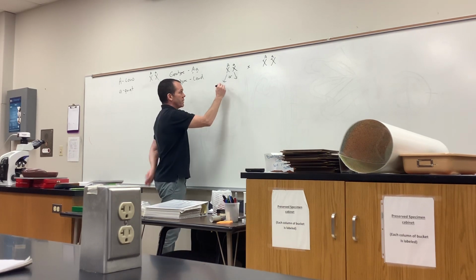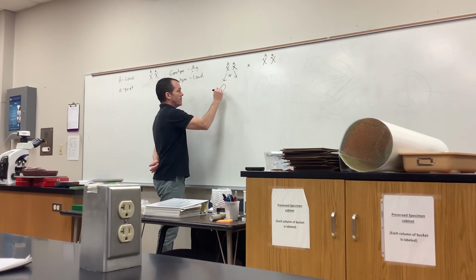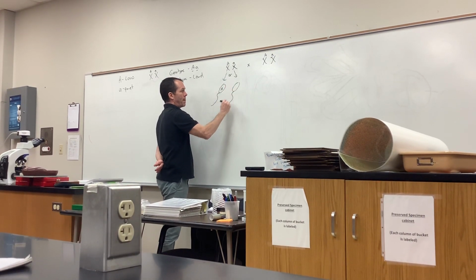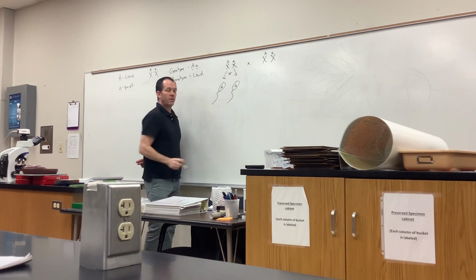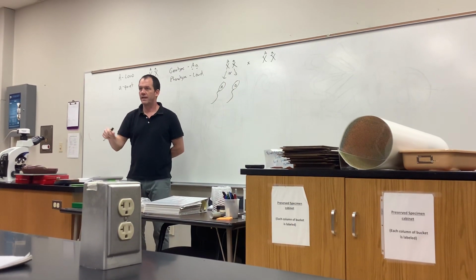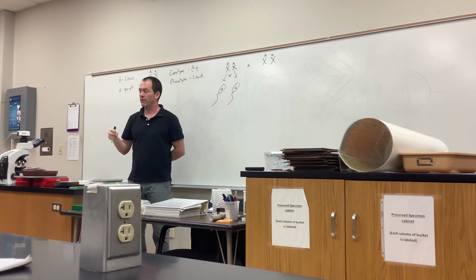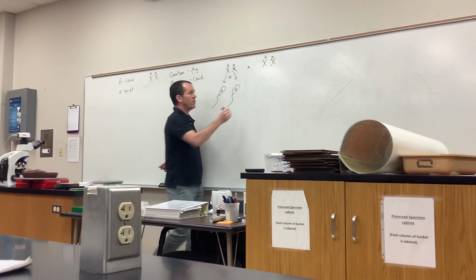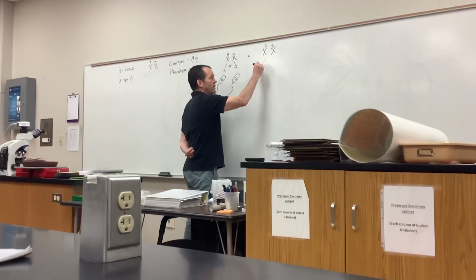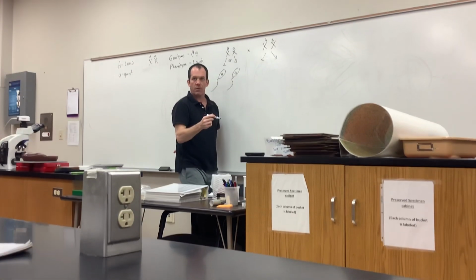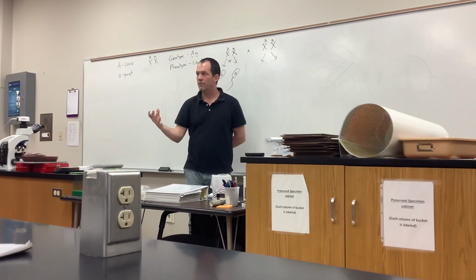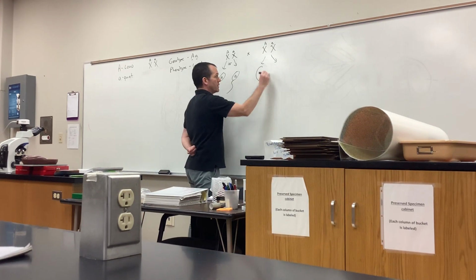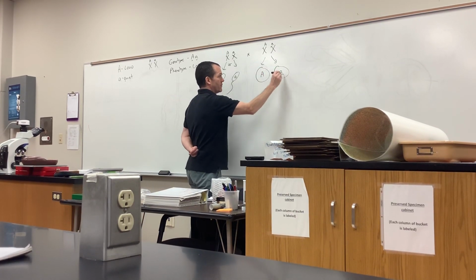So when this, we'll say this is the guy, they can either produce a sperm cell that's got the loud allele or the quiet allele, not both. The female, she's only going to produce one egg, but for mathematical purposes, it could be either one. It could be a loud egg or a quiet egg, right?